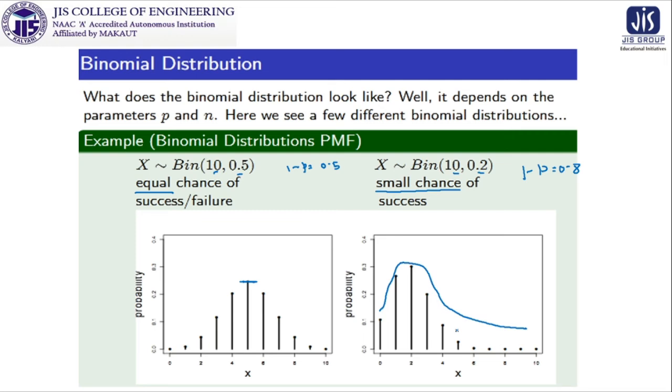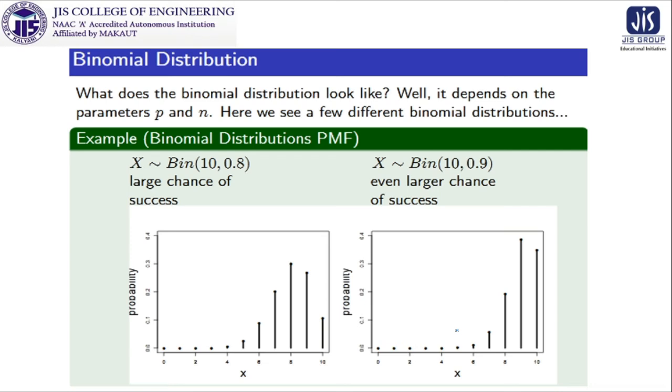But in the next page, we can see that if the chance of success is higher, it will be right shifted, and look at this, the structure is nothing but the mirror image of the last distribution.